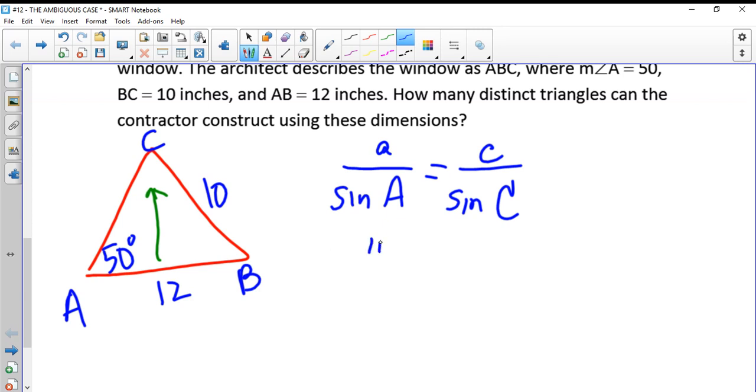So little a is 10, measure of angle A is 50, little c is 12, measure of angle C is what we're trying to figure out.